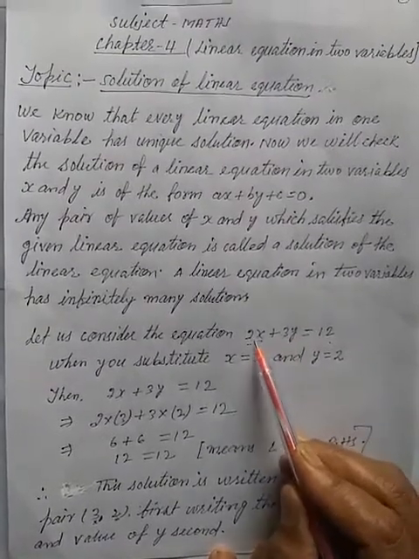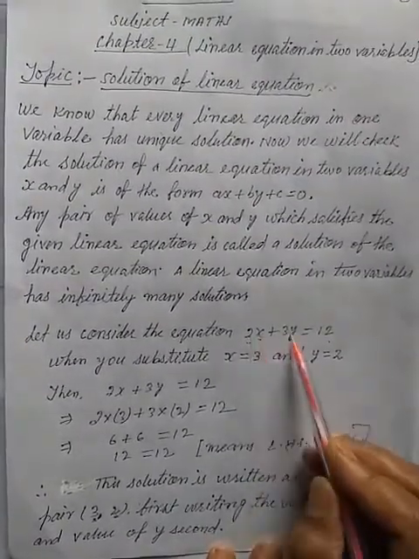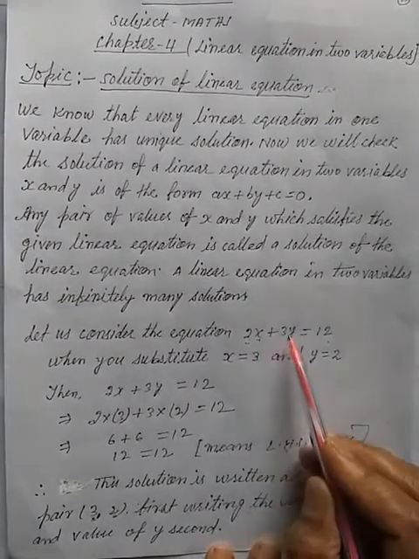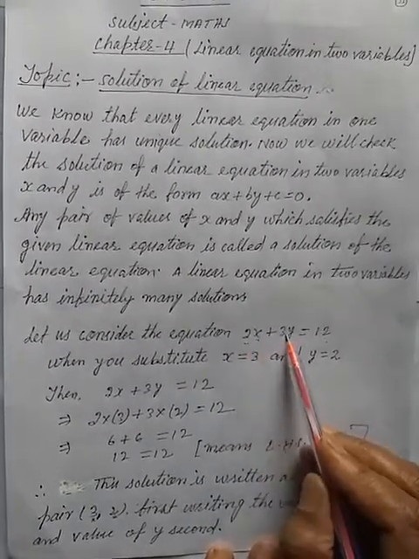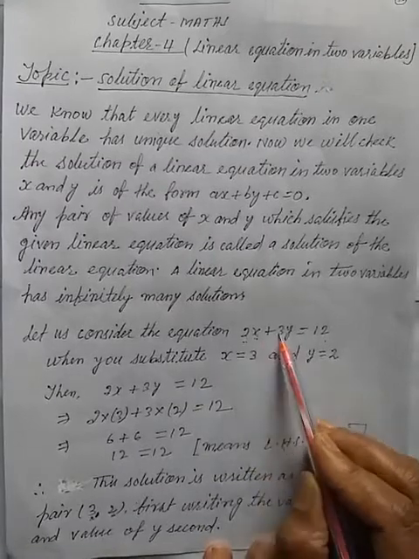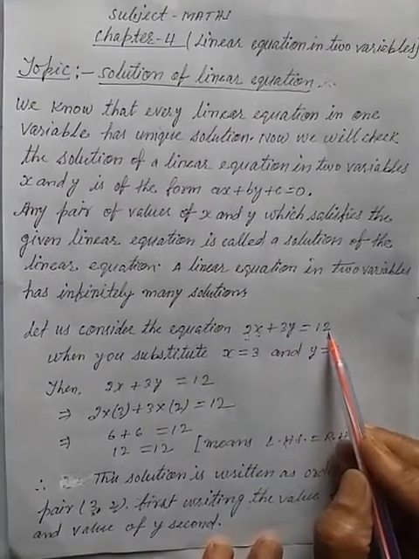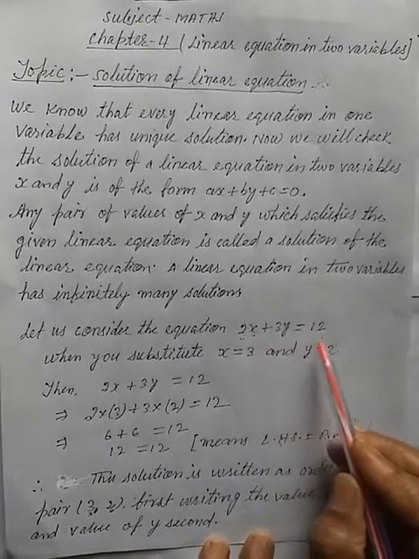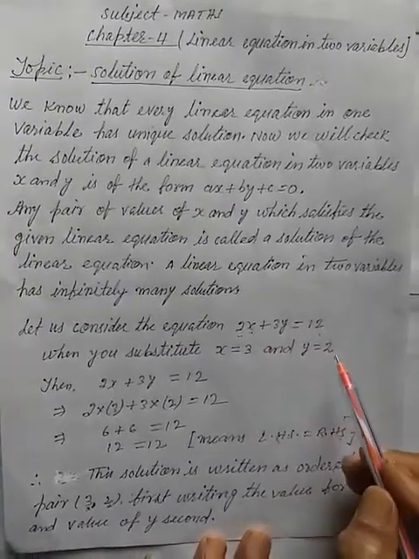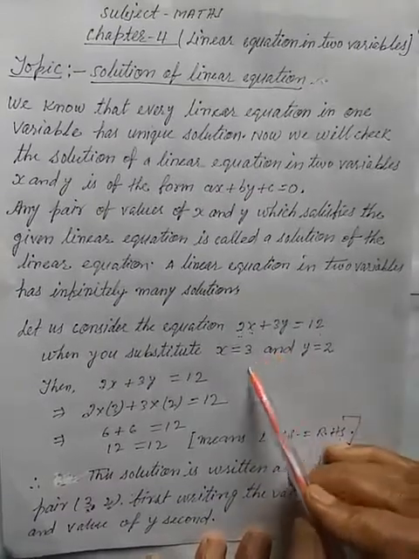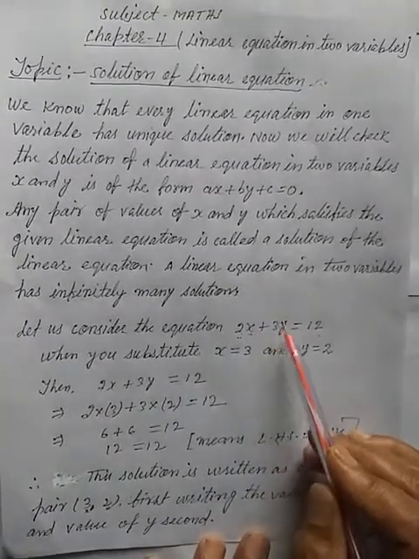So 9 + 4 is 13. And 13 is not equal to 12. So LHS is not equal to RHS, which means x = 2 and y = 3 are not solutions of the given equation.